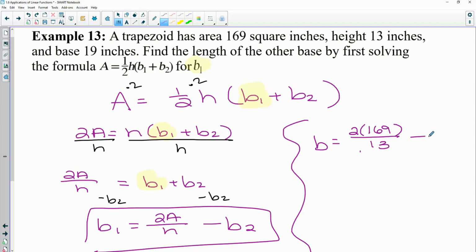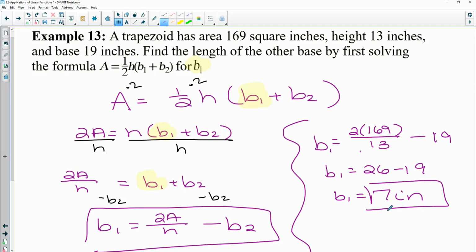Minus b sub 2, the other base, was 19. Just evaluate this. It would be 26 minus 19. So that would give me 7 inches for my base.